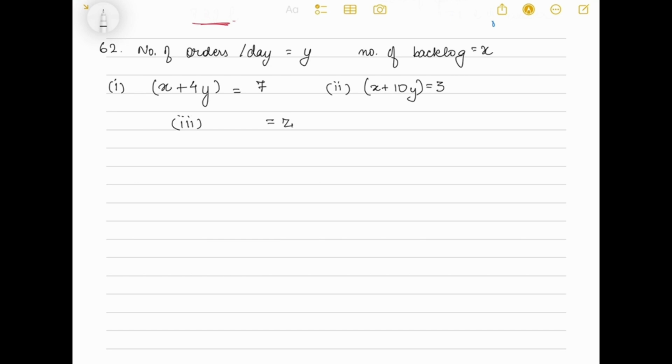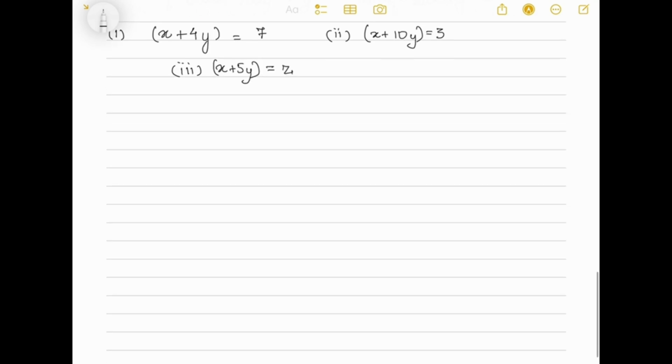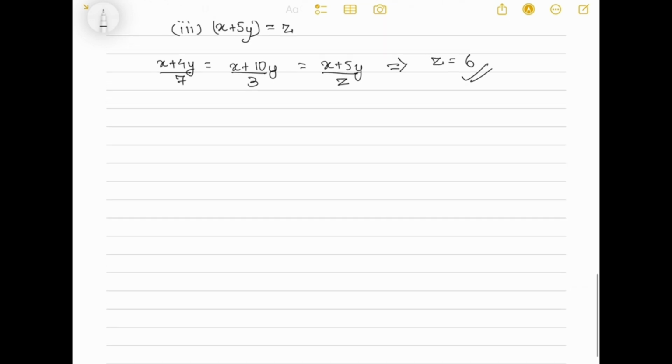This is unknown, we'll consider this as Z, and here we write (X plus 5Y) by Z. Now upon doing the calculation, we have been given (X plus 4Y) by 7, (X plus 10Y) by 3 is equal to (X plus 5Y) by Z, and doing this you will get Z is equal to 6, which was your answer.